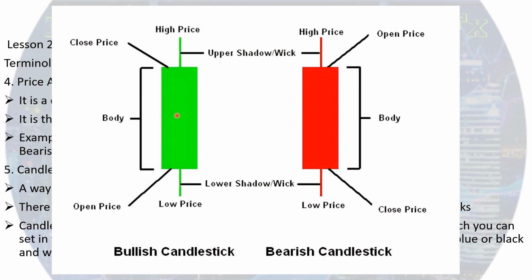Here are your candlesticks, guys. On the green, which essentially means your bullish candlestick, meaning up, you have your opening price down below. So when you see a candlestick that is going up, you know that below is your open price. It is where your candlestick has opened, and on top is where your candlestick has closed. Your shadows or your wicks are where the price has reached, but has not really gone to.